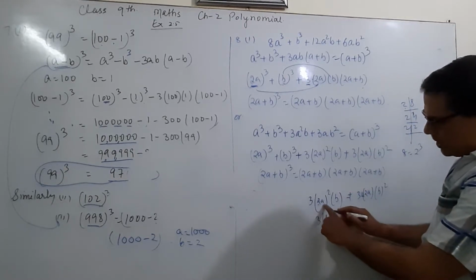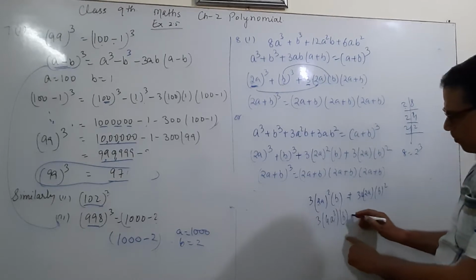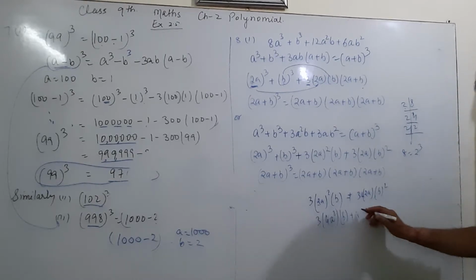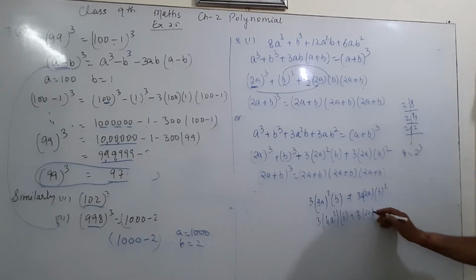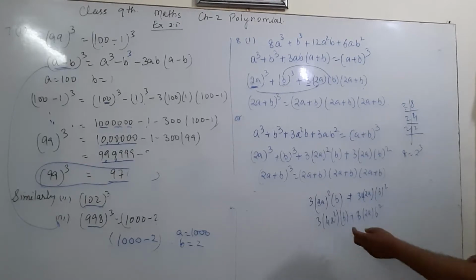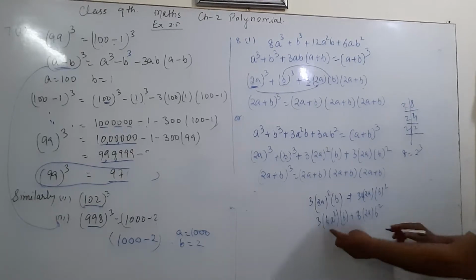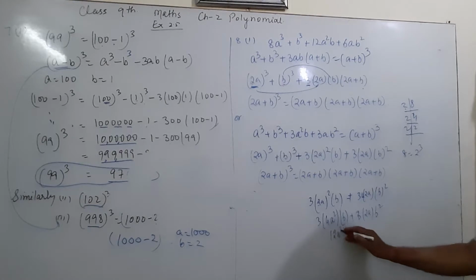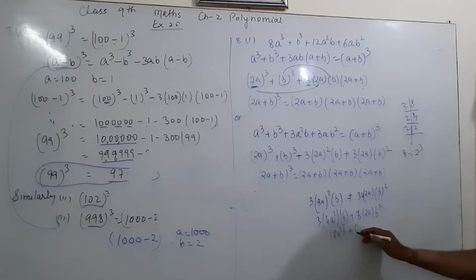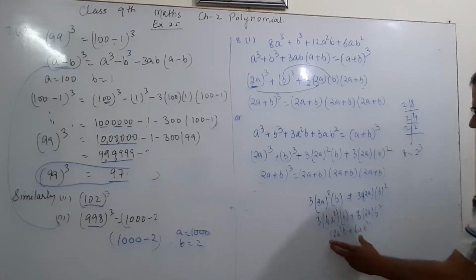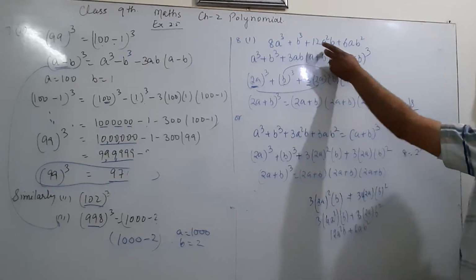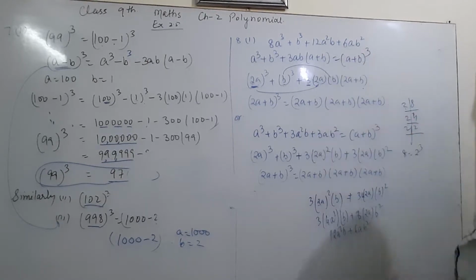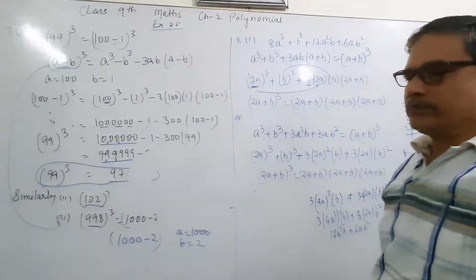A square is a square into b plus 3 into 2a into b square. When we solve, 3 4s are 12. It is 12 a square b plus 3 2s are 6 ab square. If you check, this will be 12 a square b, this one, and 6 ab square, this one. And the answer is same.